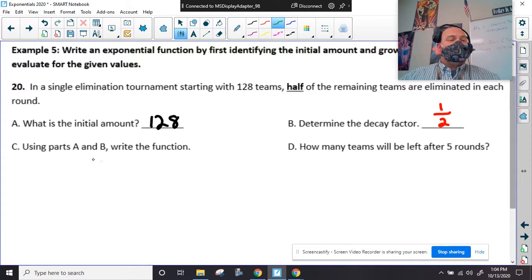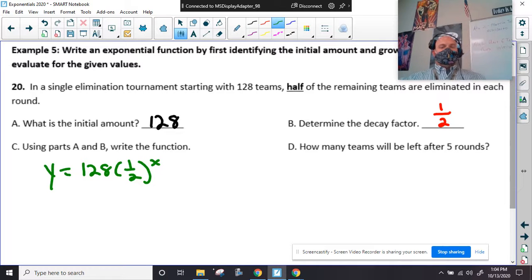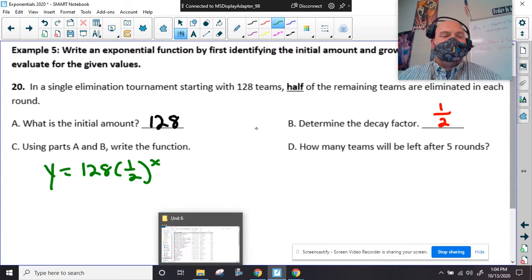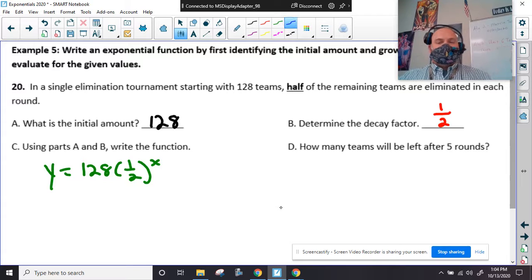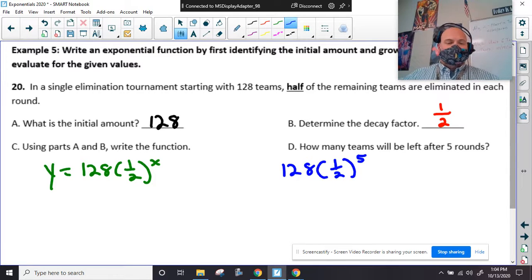All right. Using parts A and B, write the function. So we're going to say y equals 128 parenthesis 1/2 to the x power. Okay. How many teams are left after 5 rounds? All right, so we actually plug in 5 for x. 128.